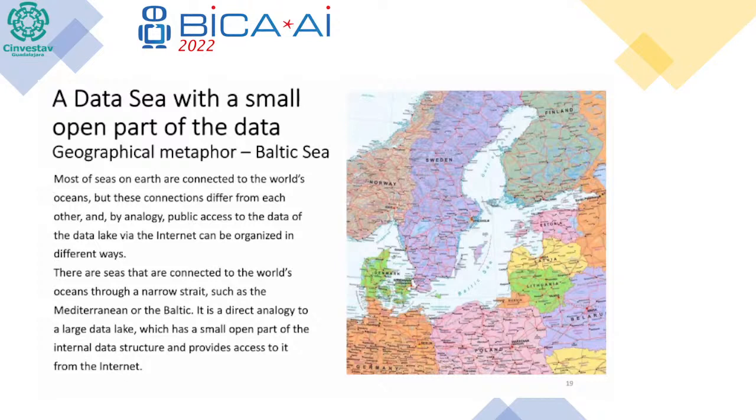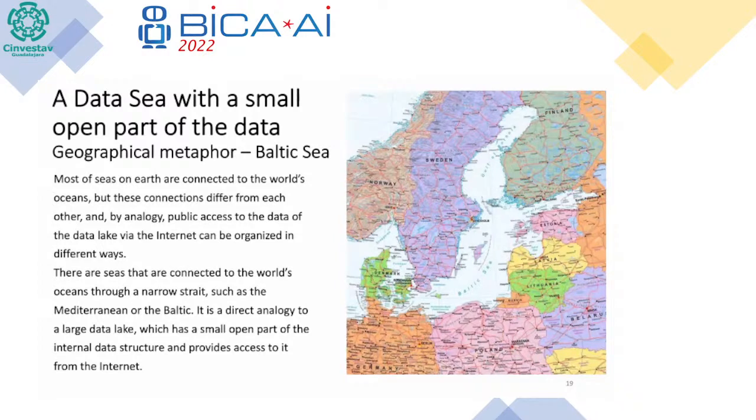The next is a data sea with a small open part of data, for example, the Baltic Sea or the Mediterranean Sea. On the slide, we see a picture of the Baltic Sea. Most seas on the Earth are connected to the world ocean, but these connections are different from each other.